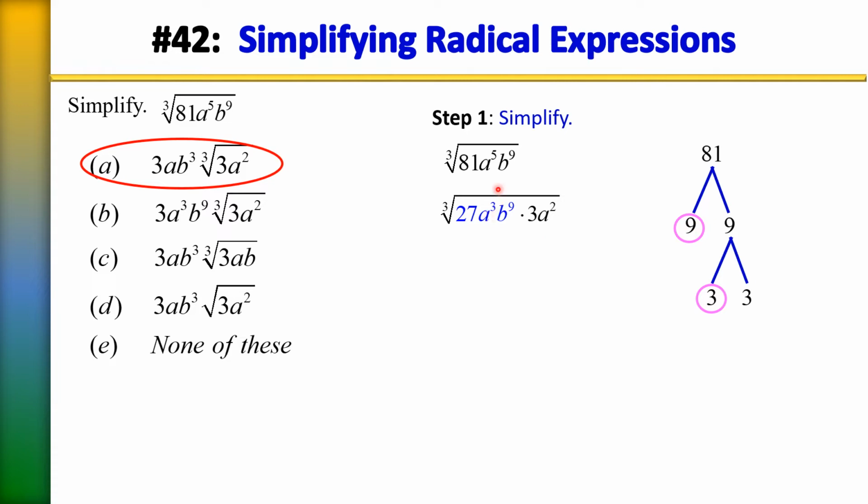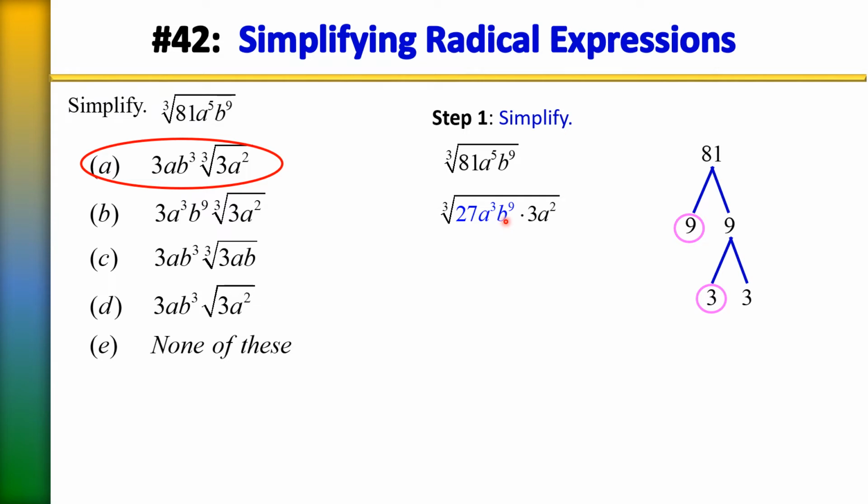Notice I had a total of 5 a's, but it wasn't divisible by the index of 3, so I had to go down to 3 to make it divisible by 3, which means the other 2 are left over, and they will remain under the radical symbol along with the 3.